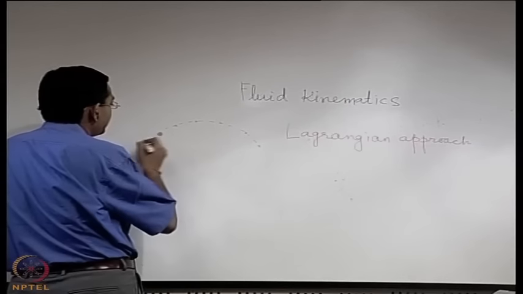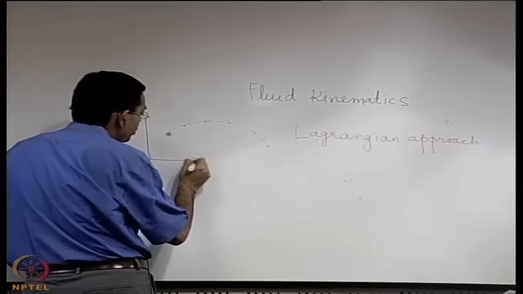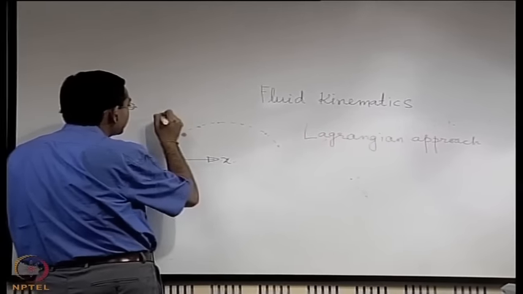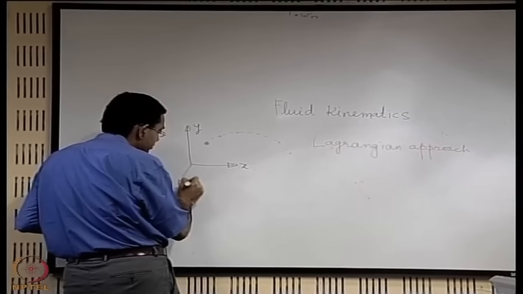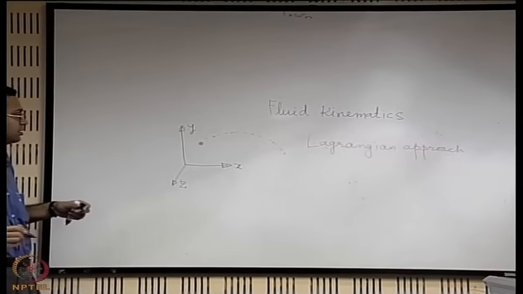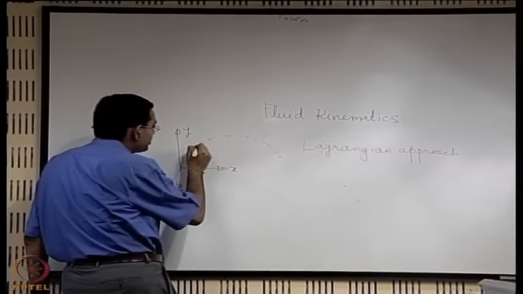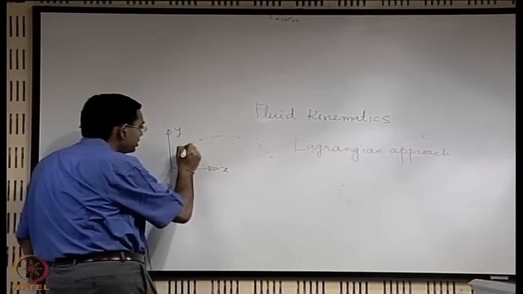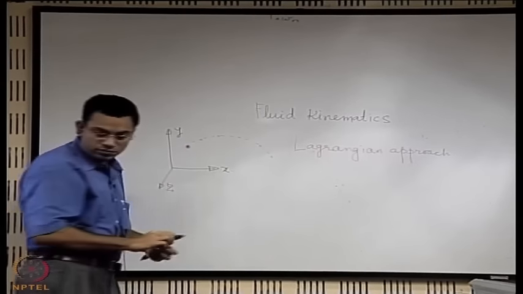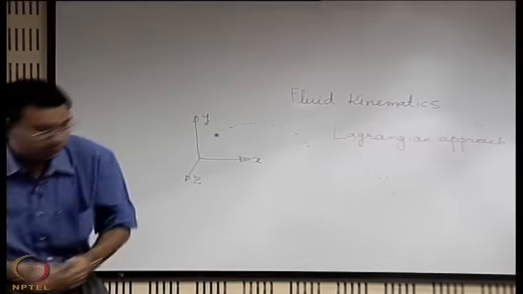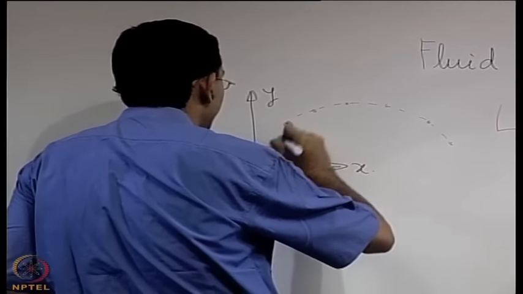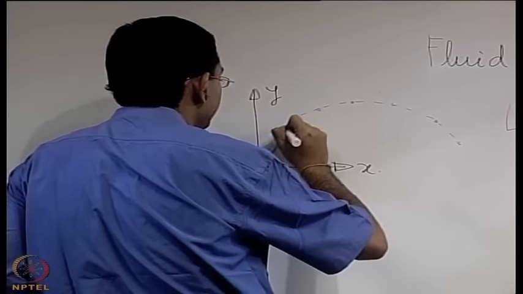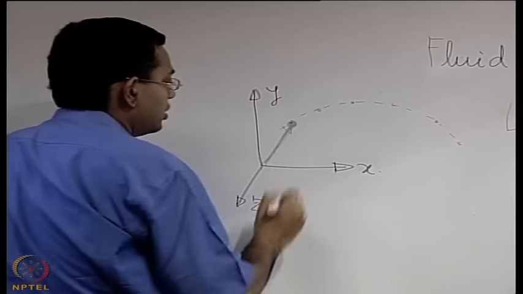Let us say that we would have set up a coordinate axis like x, y, z, and let us say that this was the initial position of the particle, which we designate by some position vector, say r naught.